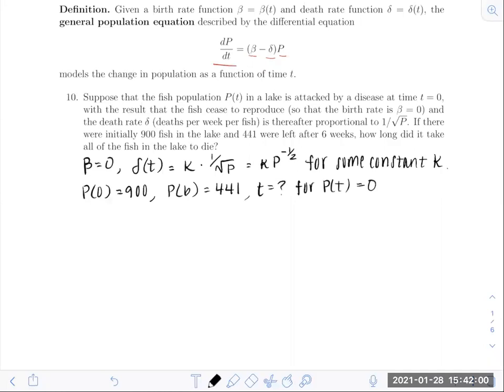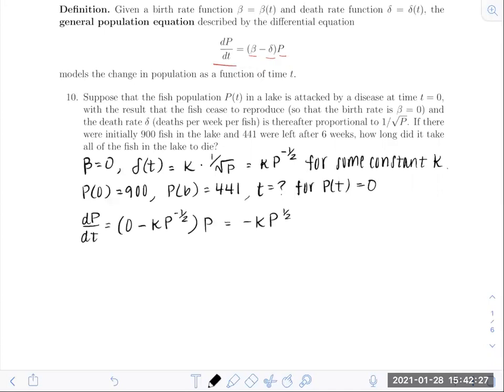Let's set up our differential equation using that general population equation. We have dP/dt equals our birth rate, which is 0, minus our death rate, kP to the negative 1/2, times the population P. This simplifies to negative kP to the 1/2. We recognize this to be a separable differential equation.